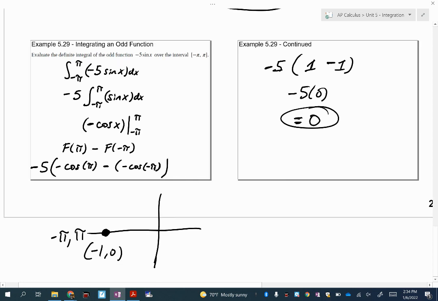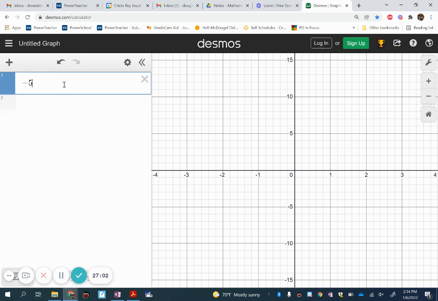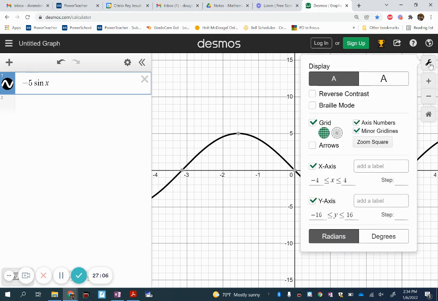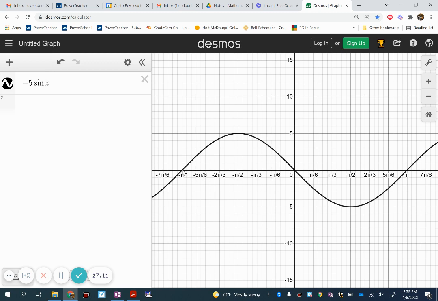Now let me show you in Desmos the graph of -5 sine of x over that integral from -pi to pi, so you can confirm visually as well. All right, so we have -5 sine of x, and I'm looking at between -pi and pi. Here's pi.